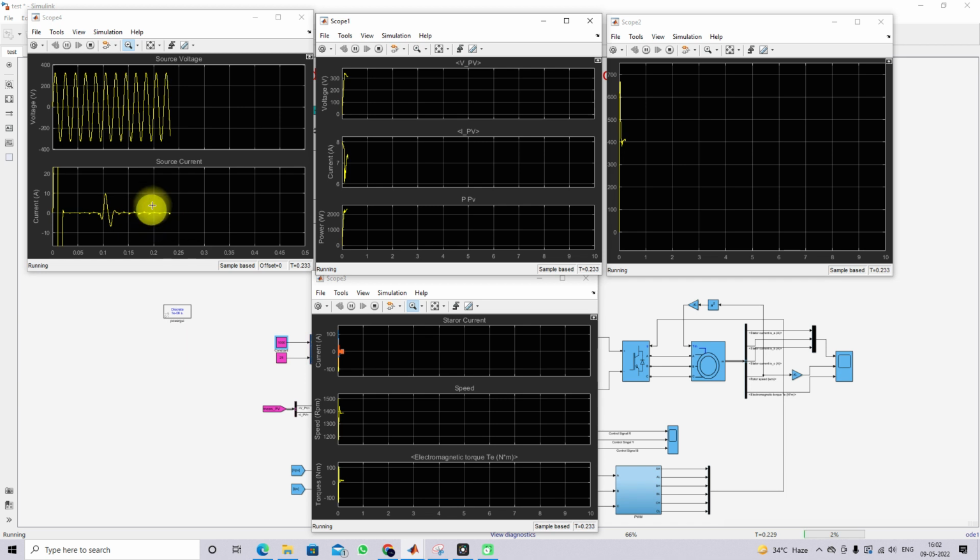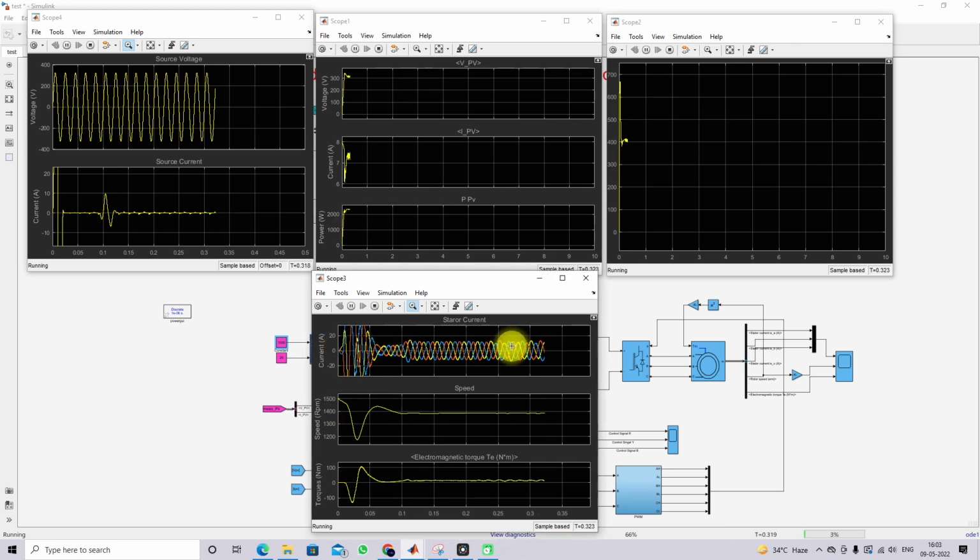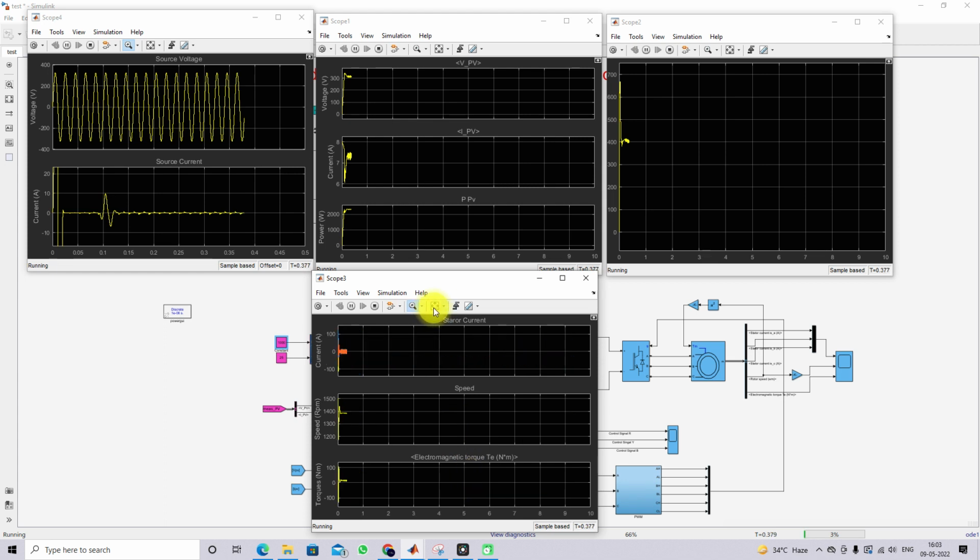Here you can see that the grid current is nearer to 0. So we are not taking any power from the grid. Okay, we are taking power only from the PV and supplying it to the induction motor water pump. So now you can see the stator current, speed, and electromagnetic torque of the induction machine.